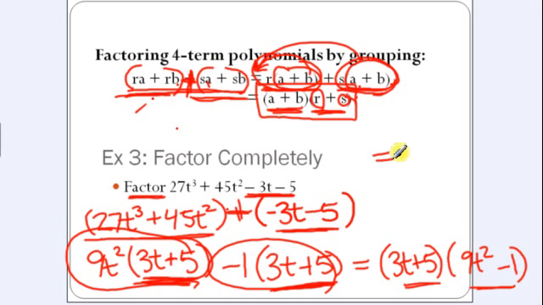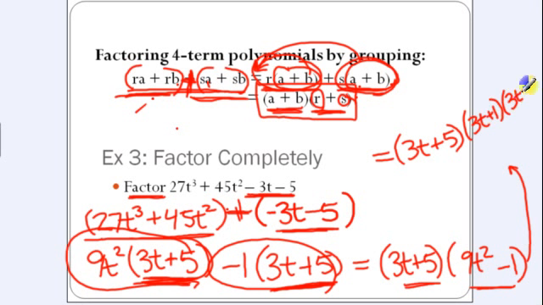So, let's come up here where I have some space, and 3t plus 5, I want to make sure that I rewrite that. It's still there. And then the 9t squared minus 1, I can split up into 3t plus 1 times 3t minus 1. And that is our answer.